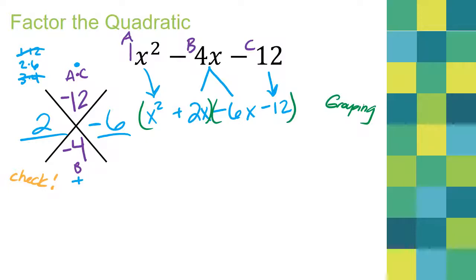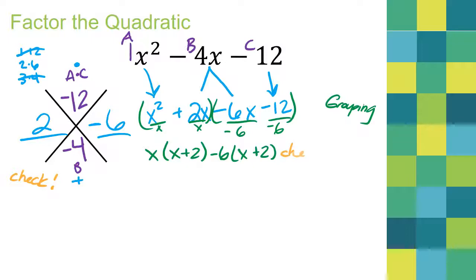Take out a GCF from each parenthesis. Here I can divide an x out of both. Oh, here I've got two negatives, so I can actually divide both by a -6. If I divide by a -6, I end up with an x and a +2.